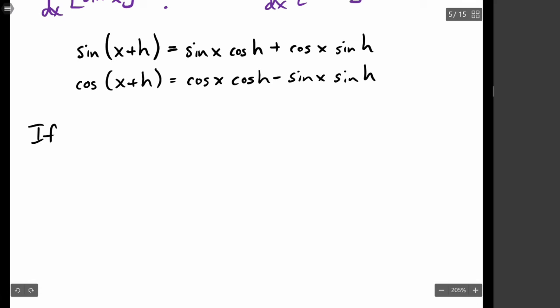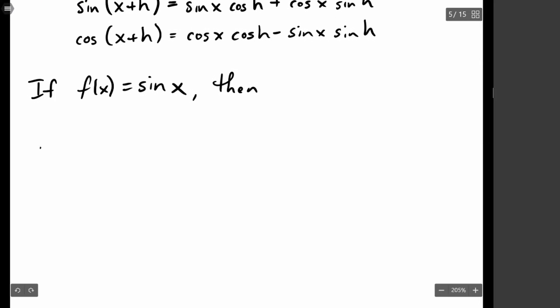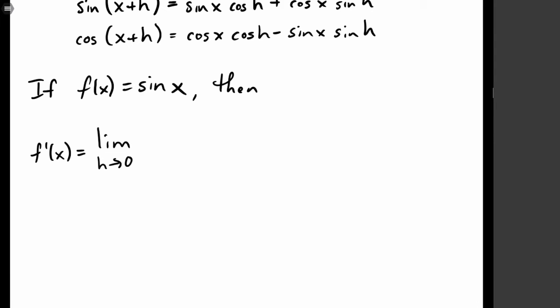So if f of x is sine of x, then f prime of x, right, we're going to use our same limit definition. Because we don't know anything about these yet, right? They're certainly not polynomials or any kind of algebraic thing.